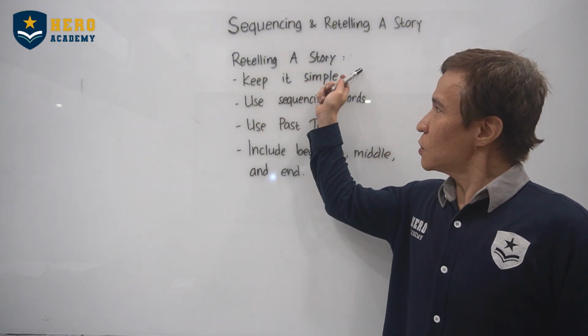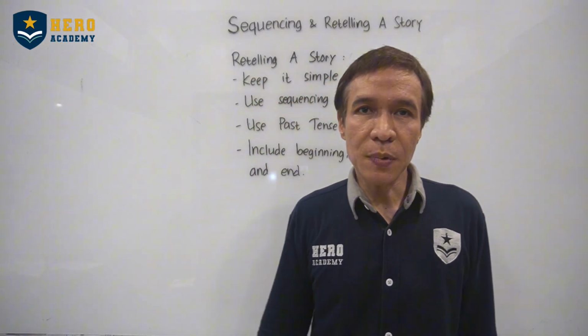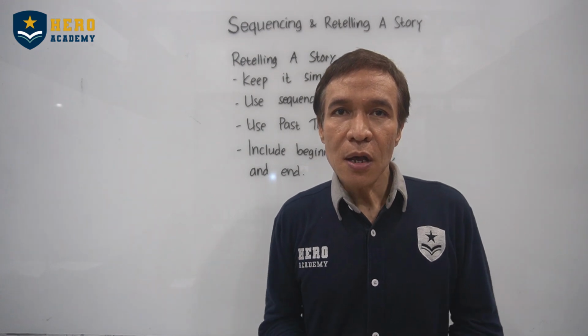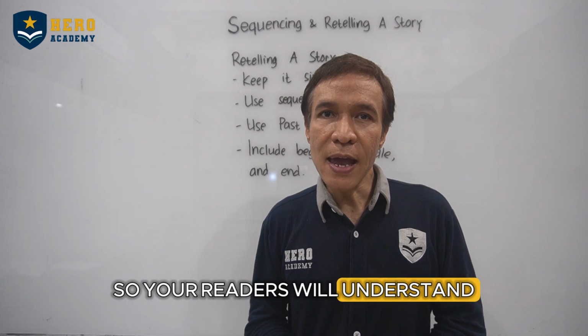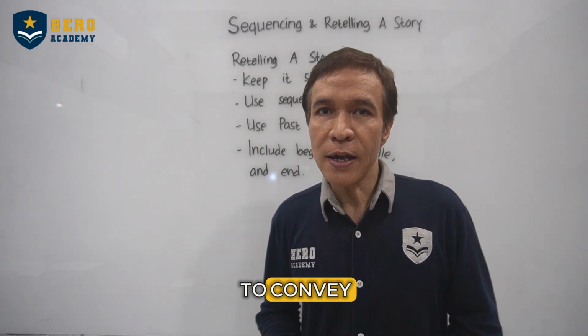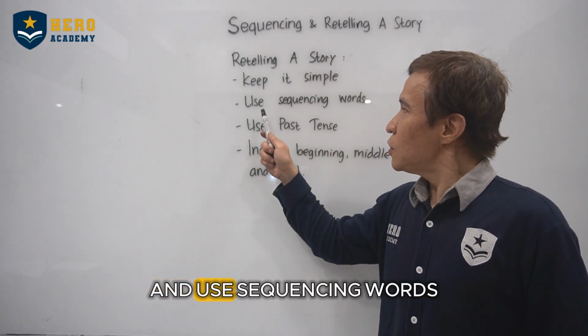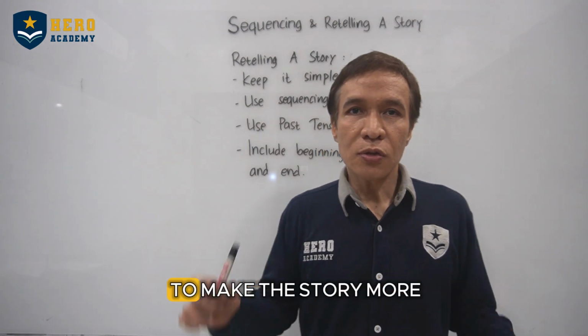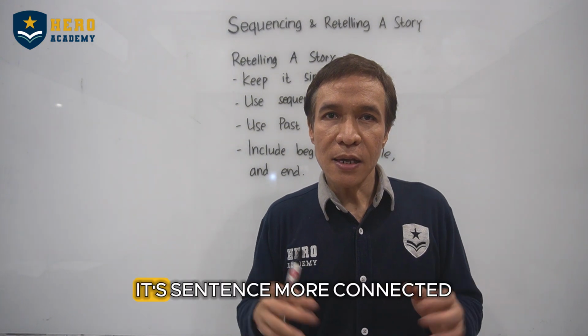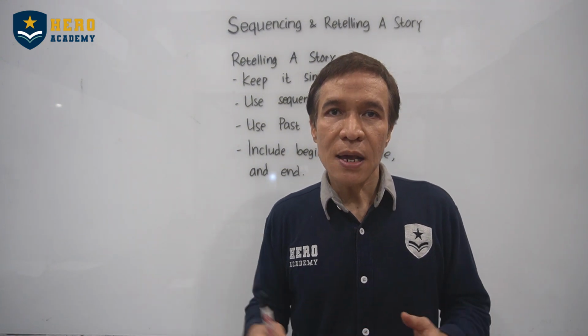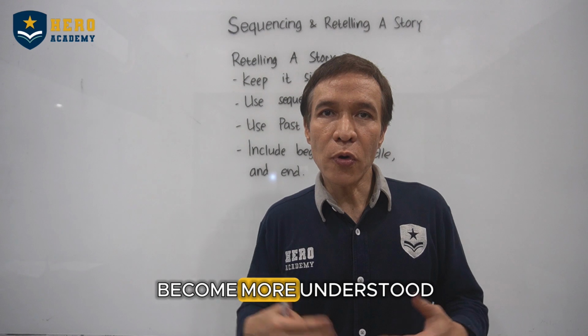When you're retelling a story, don't forget to keep it simple, to make it clear, to make it interesting, so your readers will understand what you are trying to convey. And use sequencing words to make the story more related, each sentence more connected, and your story will become more understood.